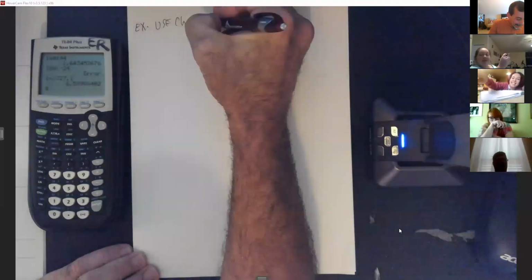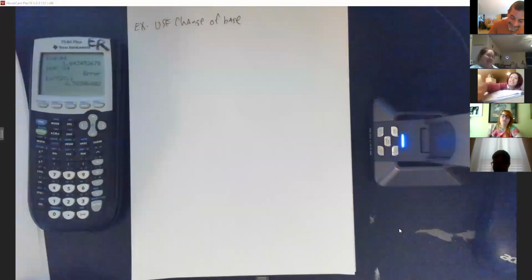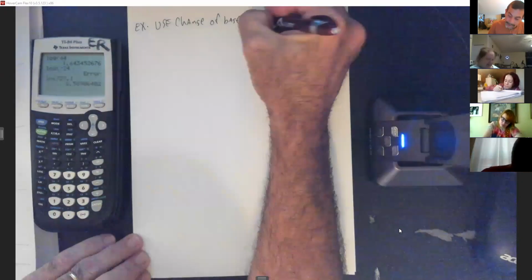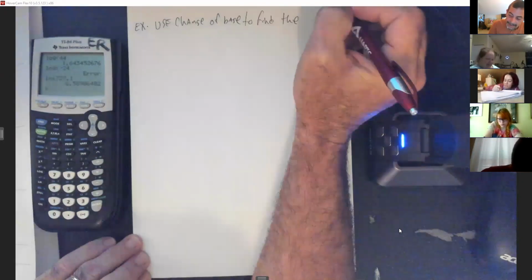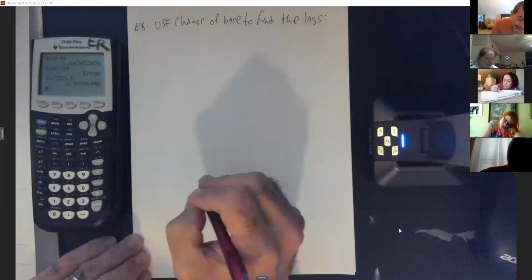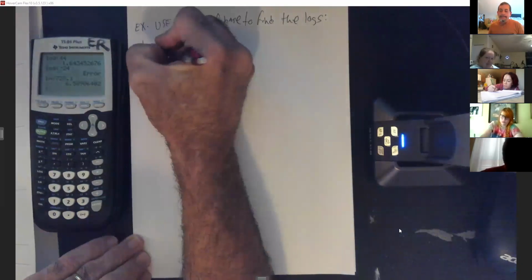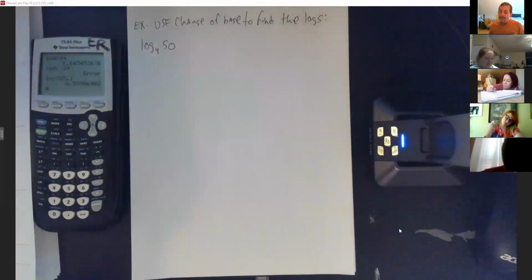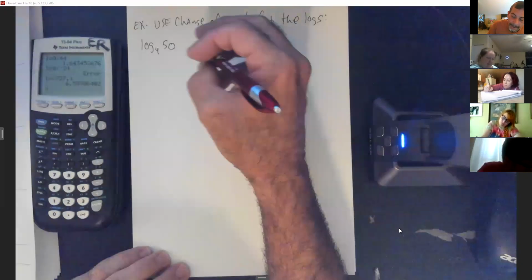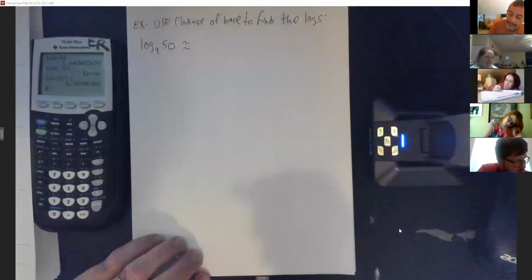All right, so the last one wants me to use the change of base to find the logs. Log base 4 of 50. Those newer calculators, I'll probably just use log base on that, but this was so that ones that had the older calculators can still do these.